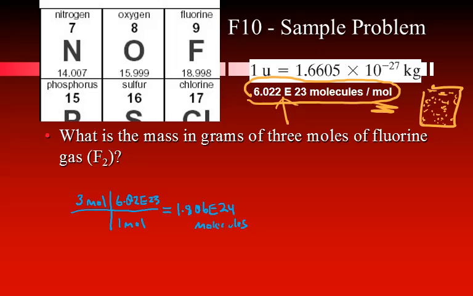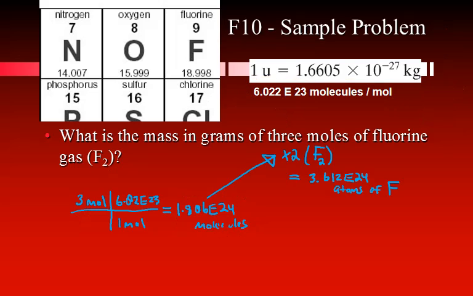So if you have H2 gas, then that's how many H2s you have in there. Or fluorine gas, F2s, that's how many F2s are in there. And so this is the total number of molecules in 3 moles, right? And that's for any gas. So it could be for H2, for F2, oxygen, O2, whatever, okay?